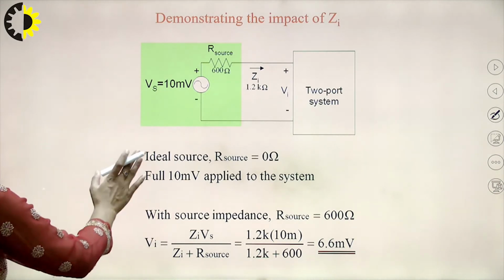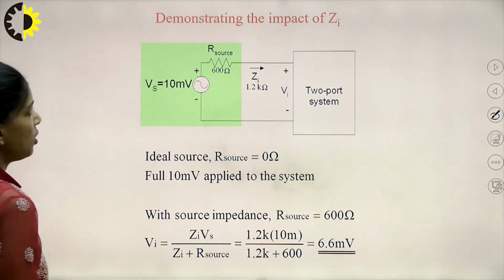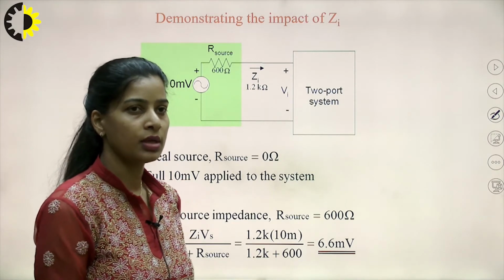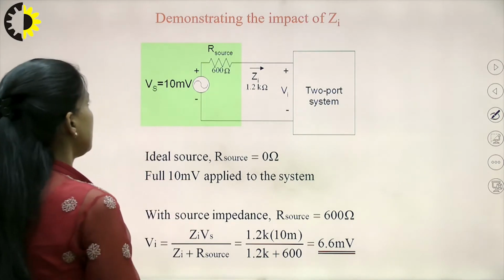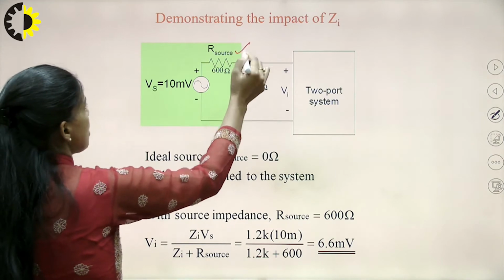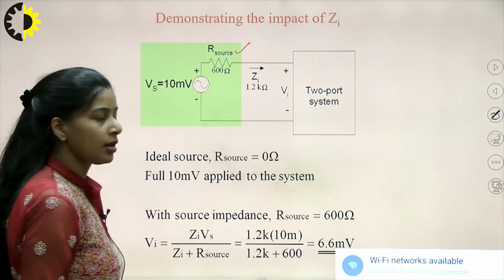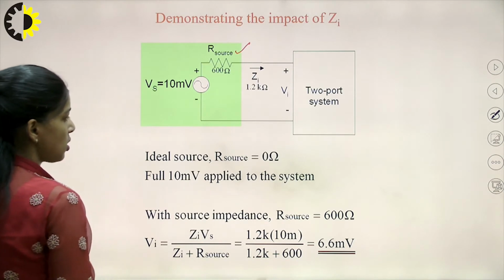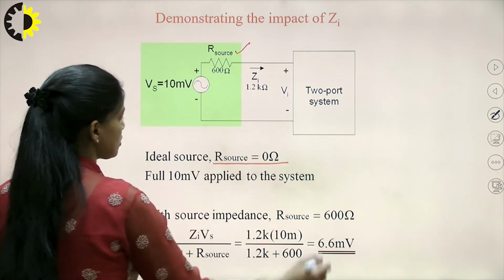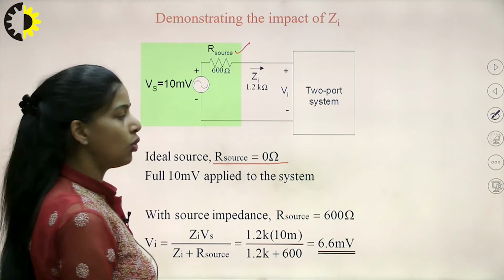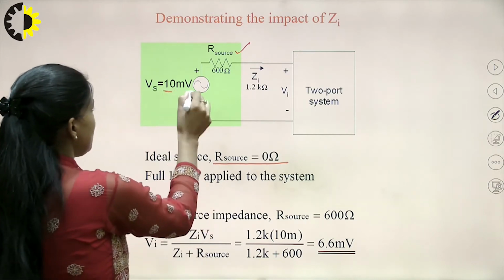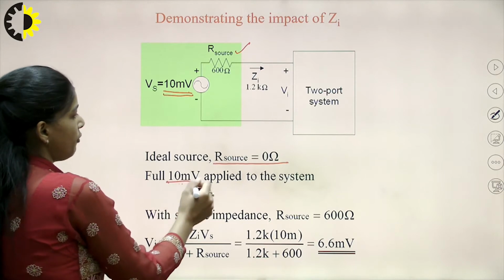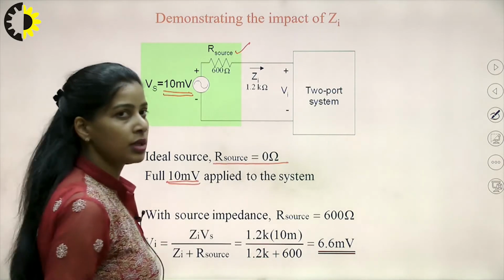This is an example to demonstrate the effect of input impedance on the circuit. Here a source resistance of 600 ohm is connected. If we do not have this source resistance, or this is an ideal source with source resistance of 0 ohm, then the complete 10 millivolt that we have applied from the source input will be applied to the system.